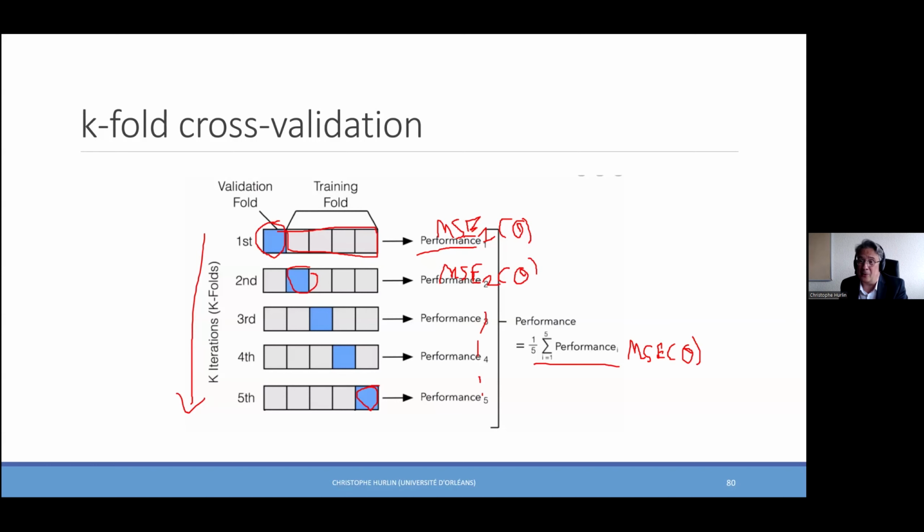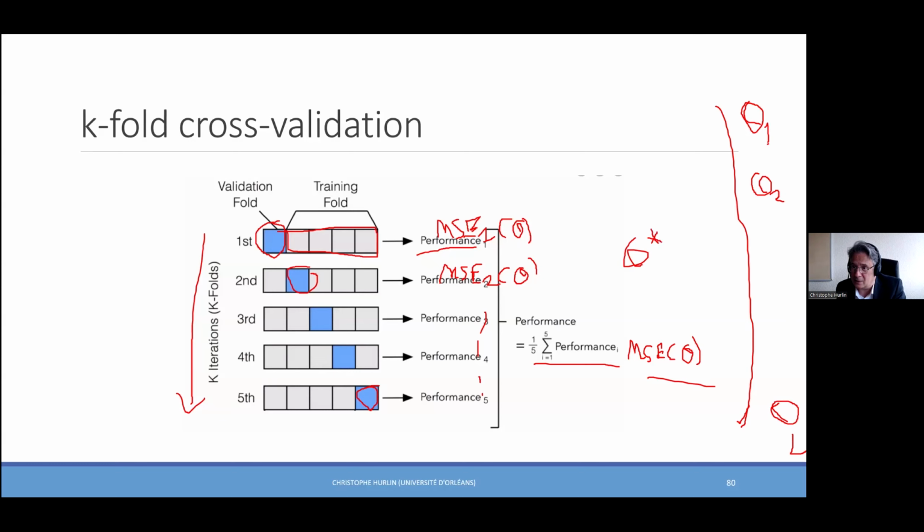Then I have a second loop over all the values of theta. For instance, this is my polynomial order, so we consider 2, 3, 4, 5, up to theta L. And then I determine theta star, which is the argument that minimizes my MSE. Is it clear?